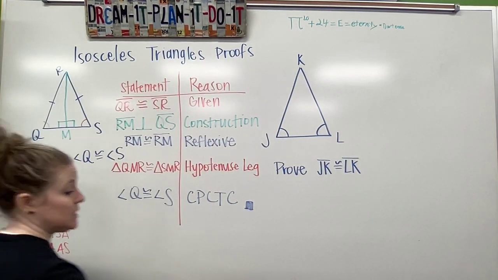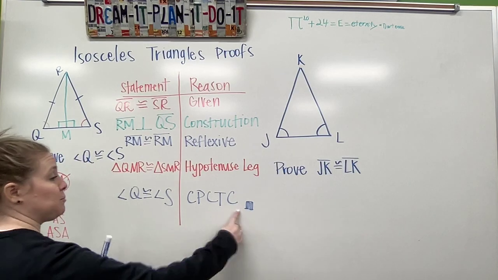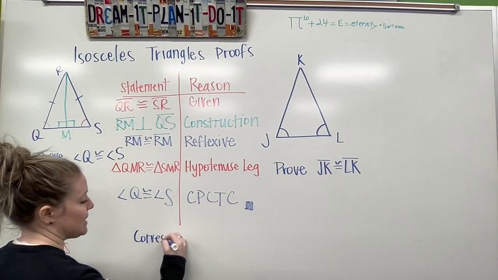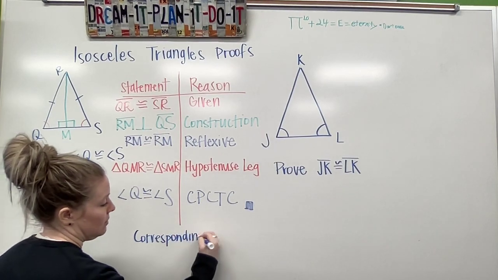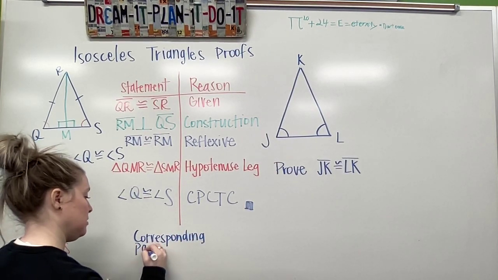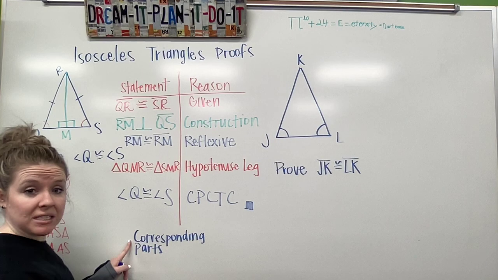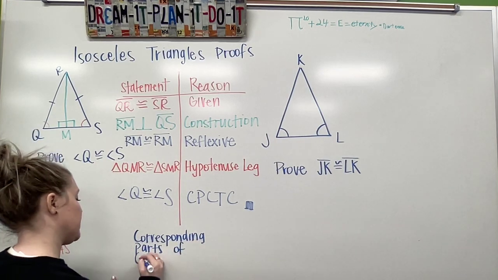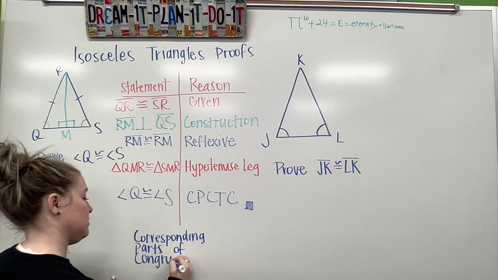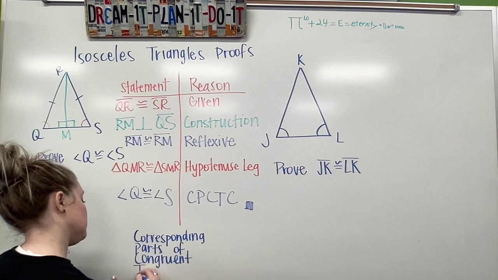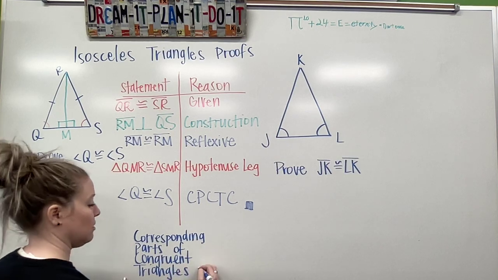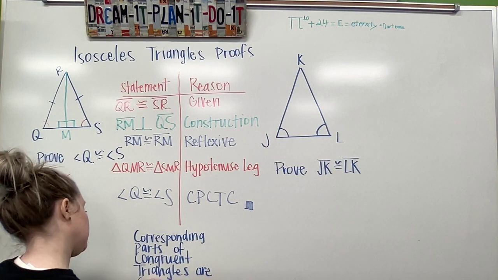My CPCTC here is saying corresponding parts of congruent triangles. Corresponding means they're in the same position. So if my triangles are congruent, my corresponding parts are congruent.